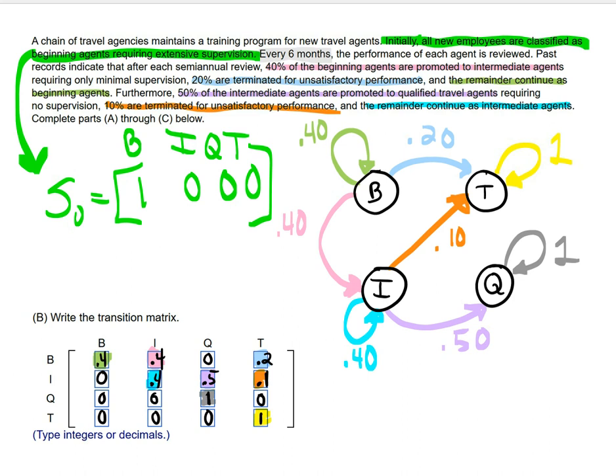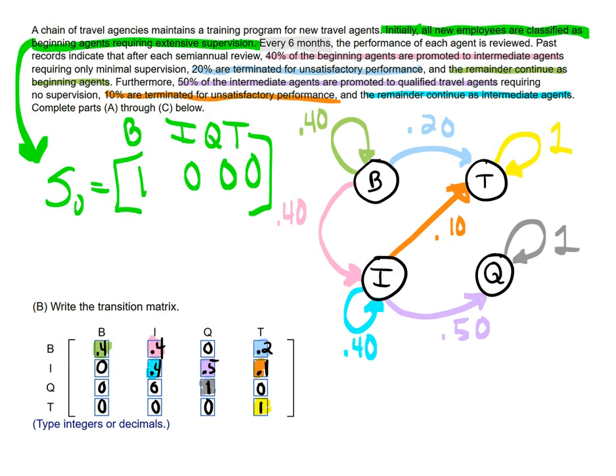So S sub 0, and I looked at B, which was labeled BIQT. So I went BIQT, and if all employees are classified as beginning agents, that's 100% of them. So there's a 1 under the B, and then the I, the Q, and the T all have zeros. So that's the first part.